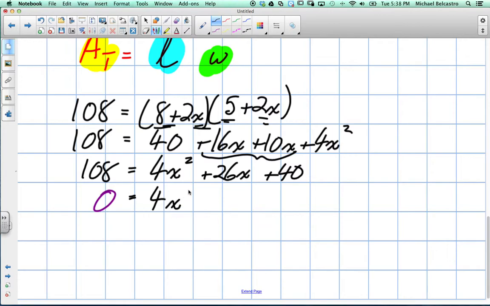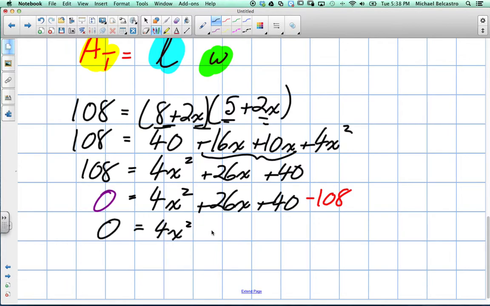Bring it to the other side. Exactly. Minus 108. So now we get 0 is equal to 4x squared plus 26x minus 68. Good.